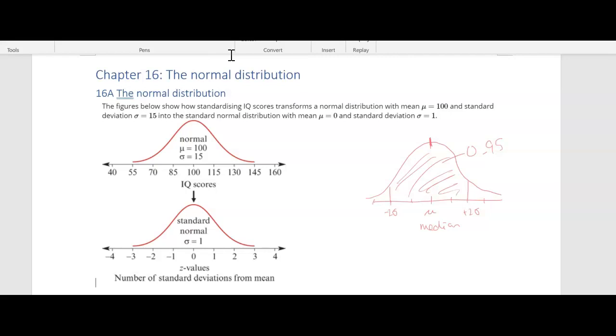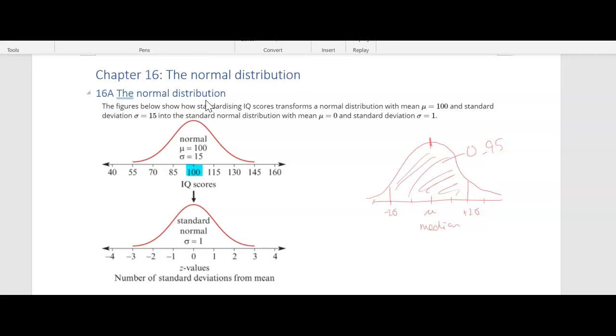So let's take IQ scores. Psychiatrists or psychologists have developed this scale for your intelligence. IQ stands for intelligence quotient, I think. The mean of the population has an IQ of 100. So that's your average IQ, 100.